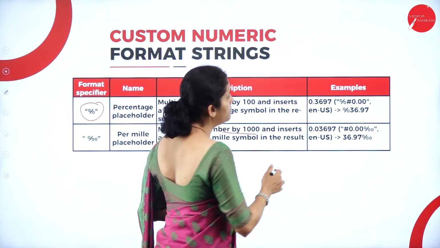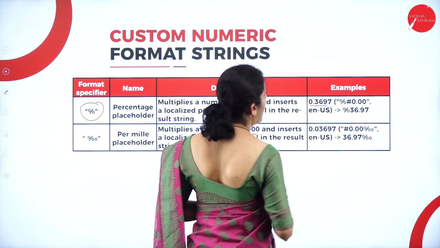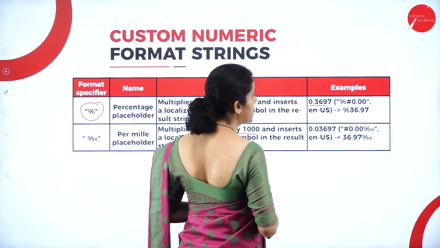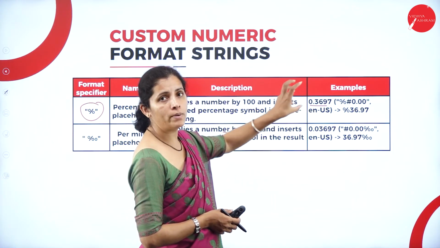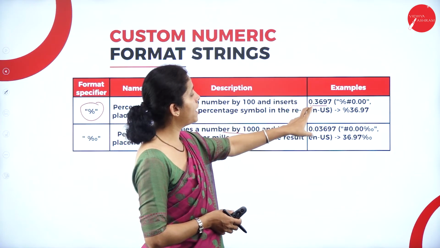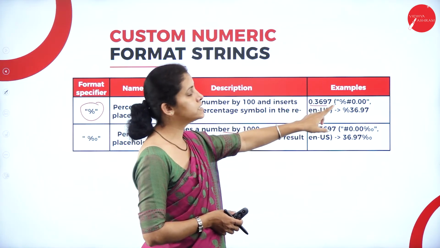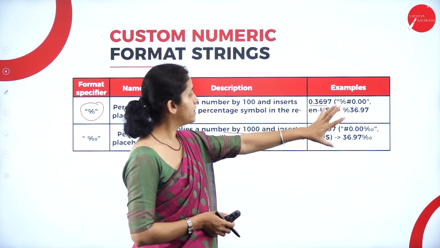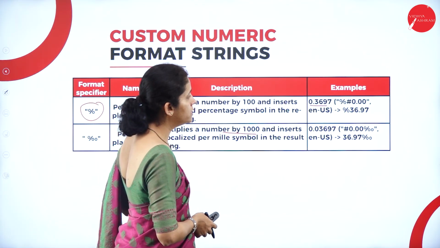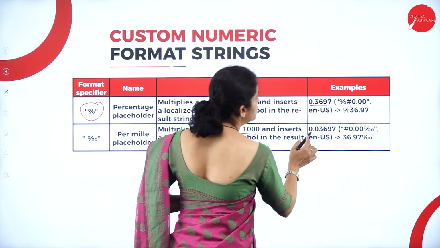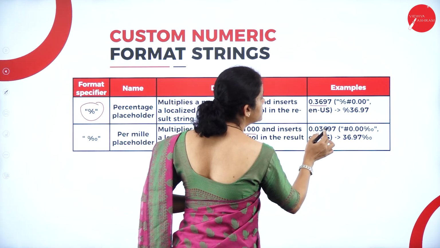And if I consider percentage, see here, I have 0.3697 and I want to represent this in the form of percentage, then what is going to happen? Percentage, 36.97. And if I want to consider the per mille placeholder, see, I have 0.03697.